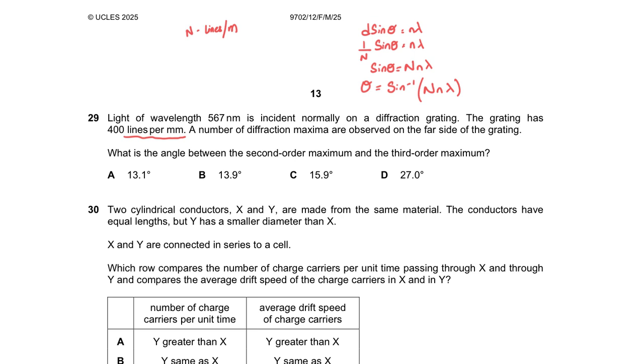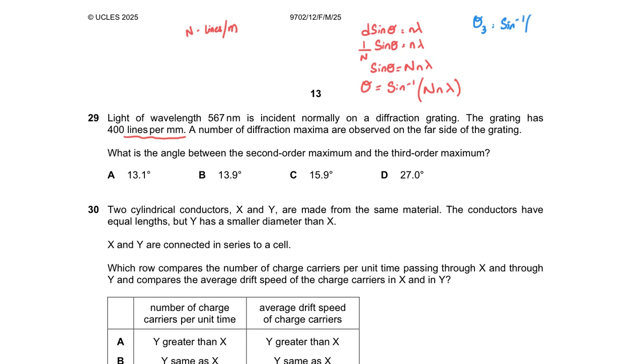So if I were to do this for the third order, first I would say theta 3 equals sine inverse of N. What was N again? N was the number of lines per meter.